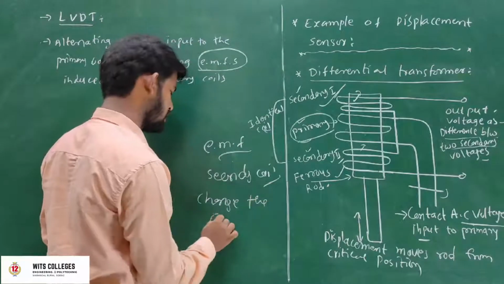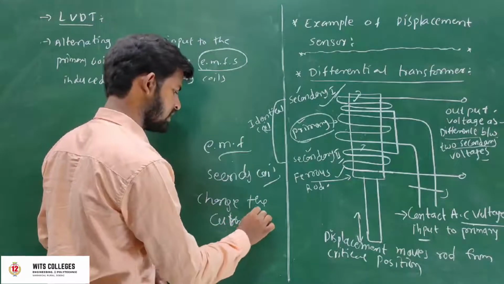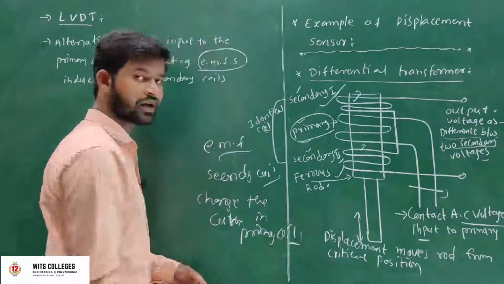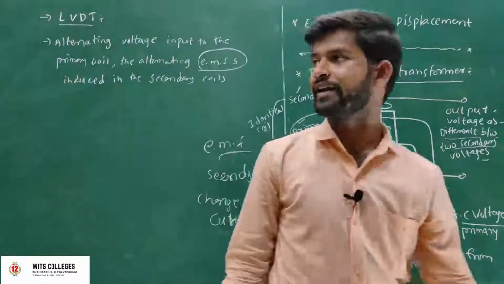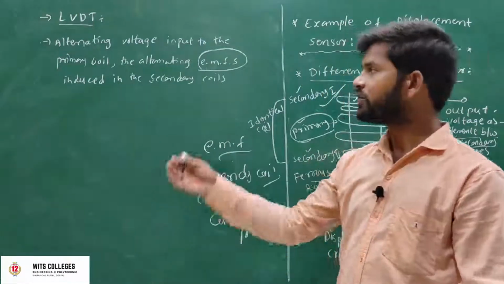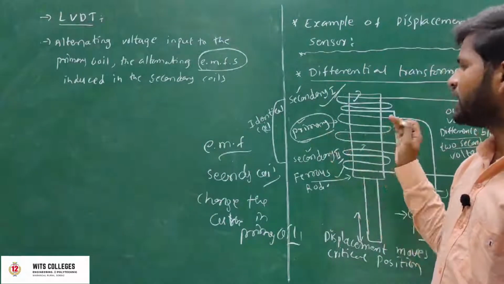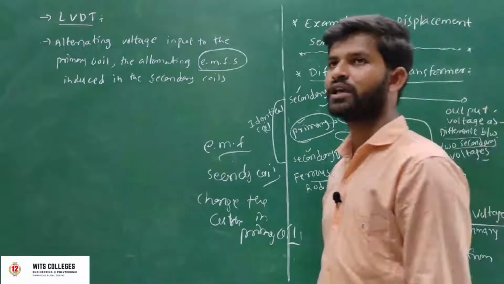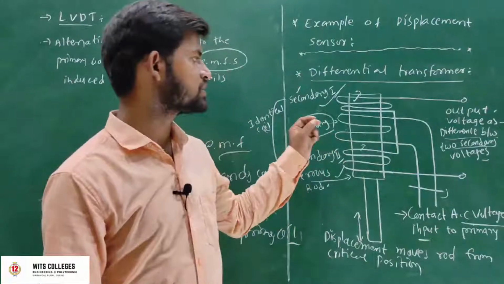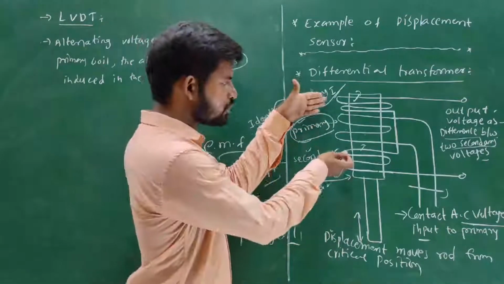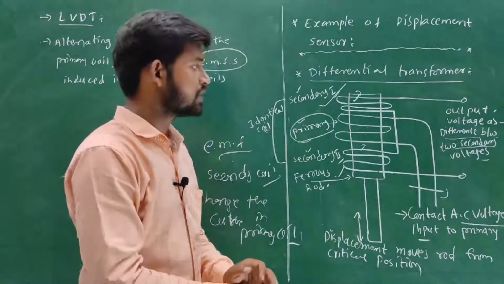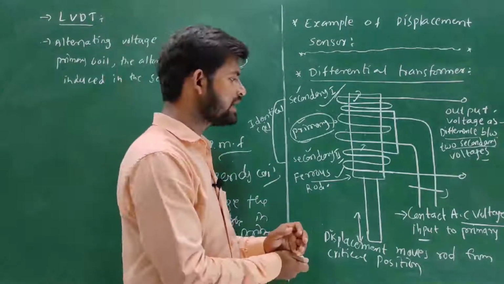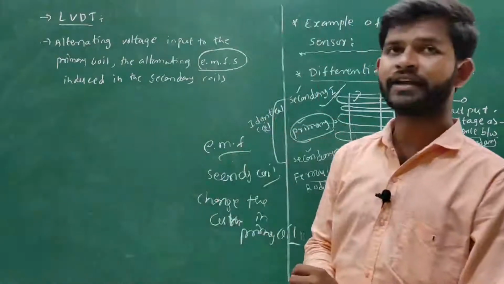This is about the LVDT, the linear variable differential transformer. If one coil has more core than the other, the induced EMF is greater in that coil. If the coils are the same, the output will be zero. This is about the LVDT. Thank you.